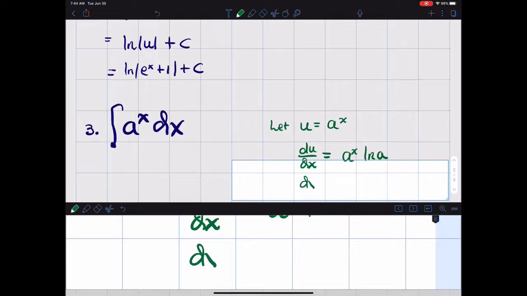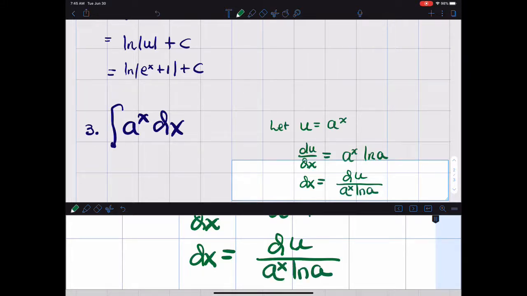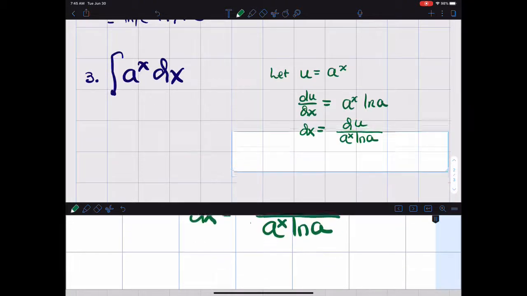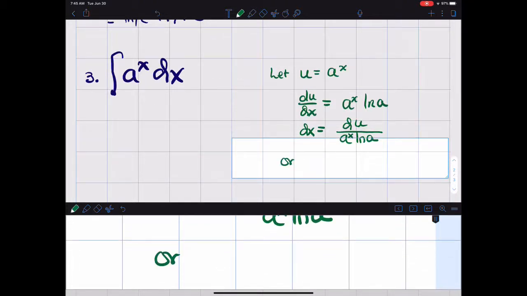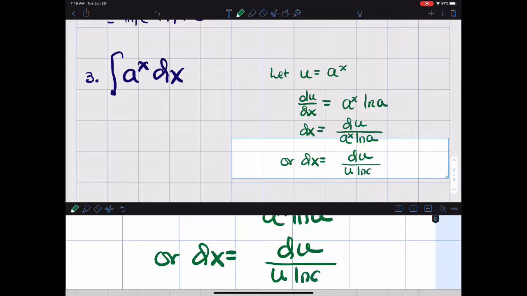So that dx, it's going to be, let's see, dx is du over a to the x natural log of a. Or we can actually think of dx as du over u natural log of a.